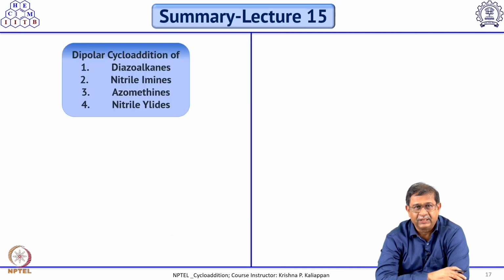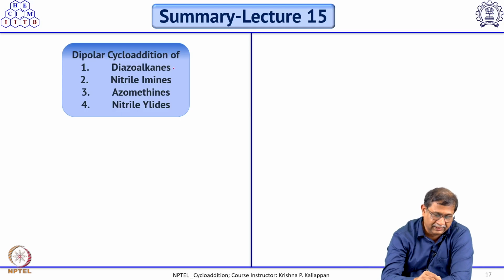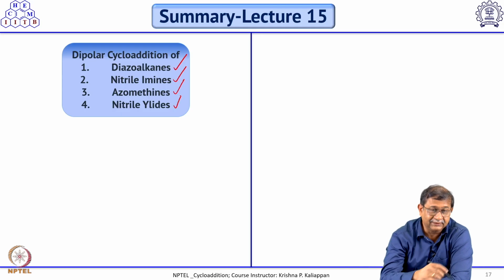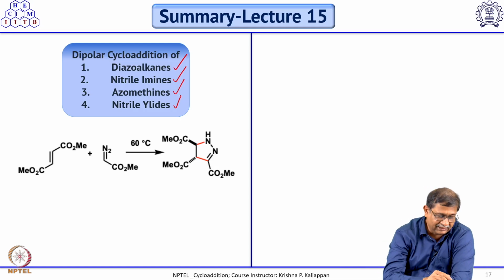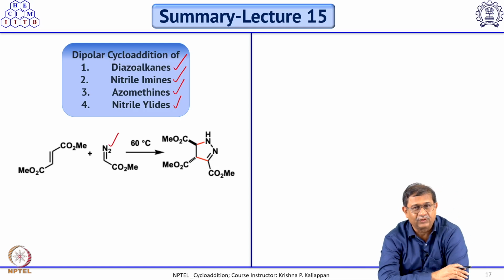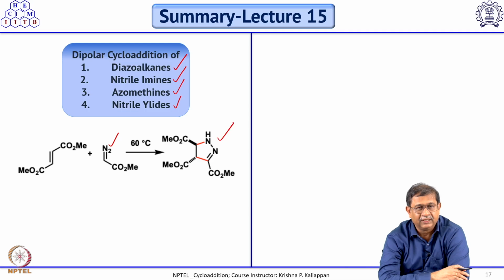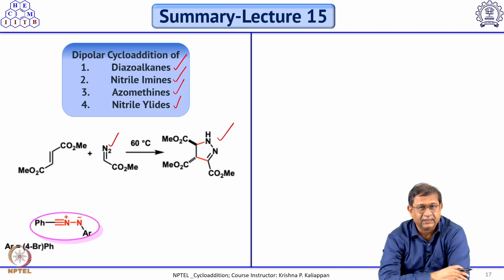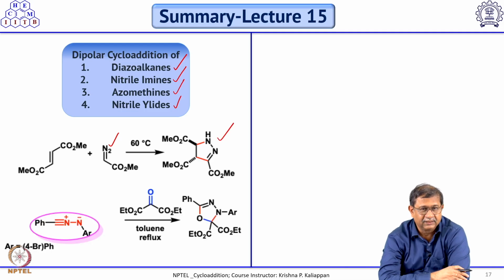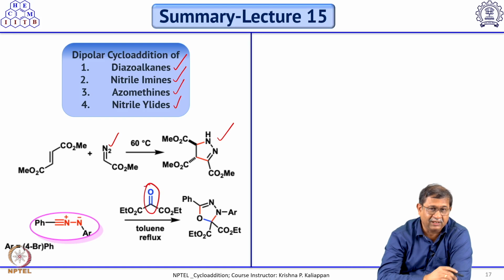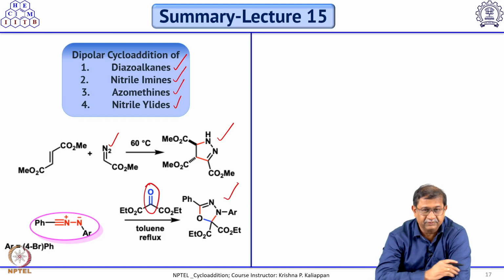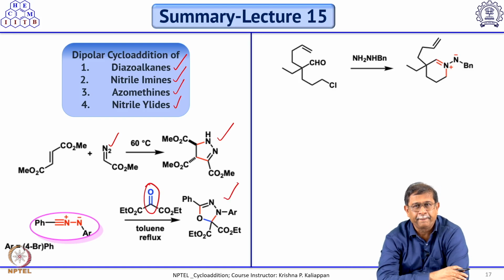So then in the 15th lecture we talked about 4 more dipoles: diazoalkane, nitrile imines, azomethine imines, and nitrile halides. For example, when you use a diazo compound, it gives pyrazoline derivative, and when you use nitrile imines, you can use either double bond or carbonyl group, so it can give this interesting 5-membered ring.